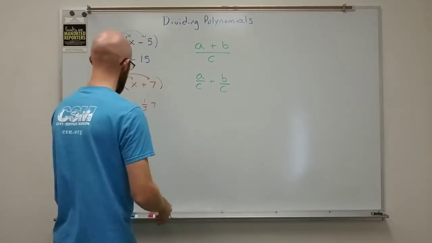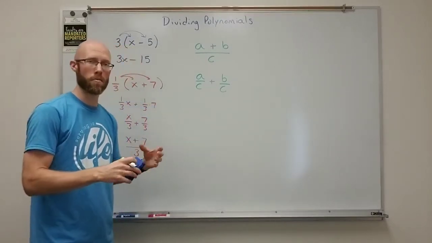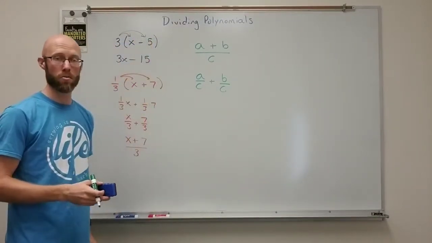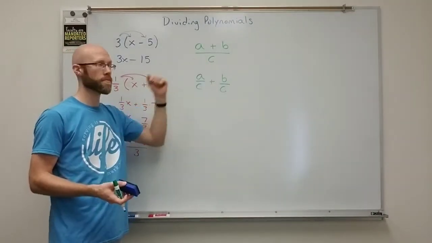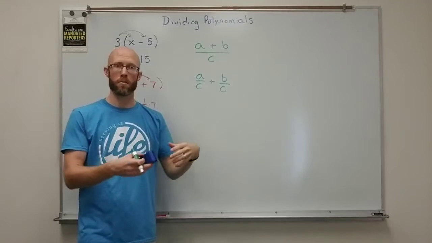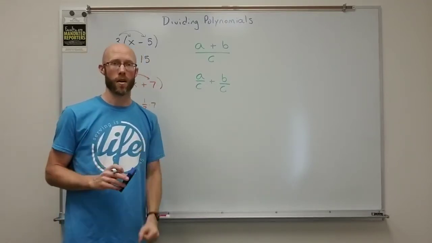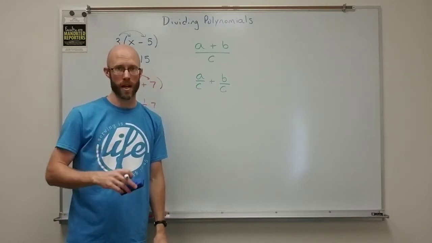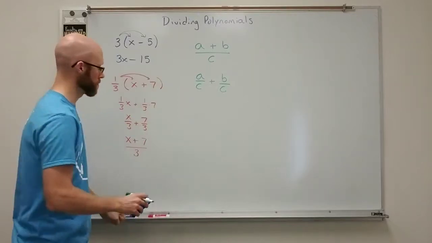All right, so that's kind of the basis for some of the more simple dividing of polynomials, particularly when we're dividing by a monomial. When we divide by binomials and trinomials, the process is a little more complicated. I'll talk about that in the next video. But for right now, we'll focus on monomials on the bottom.